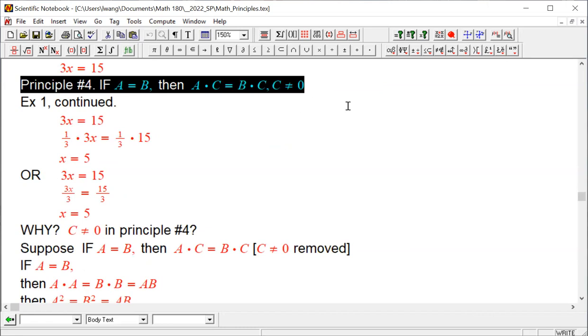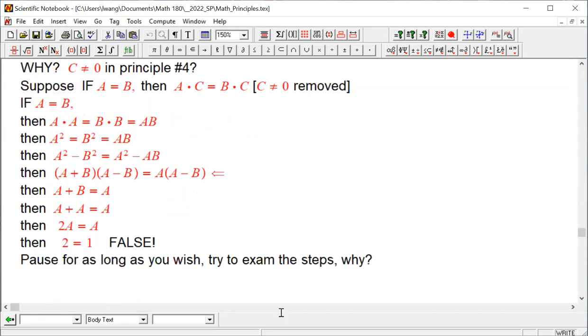So whenever we have an if statement, A equals B, when you multiply or divide, we can never ever multiply or divide by 0. That's very, very important. So that's principle number 4.